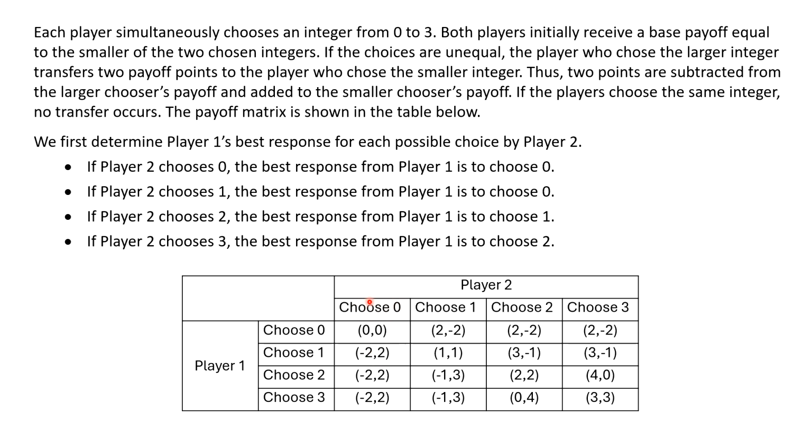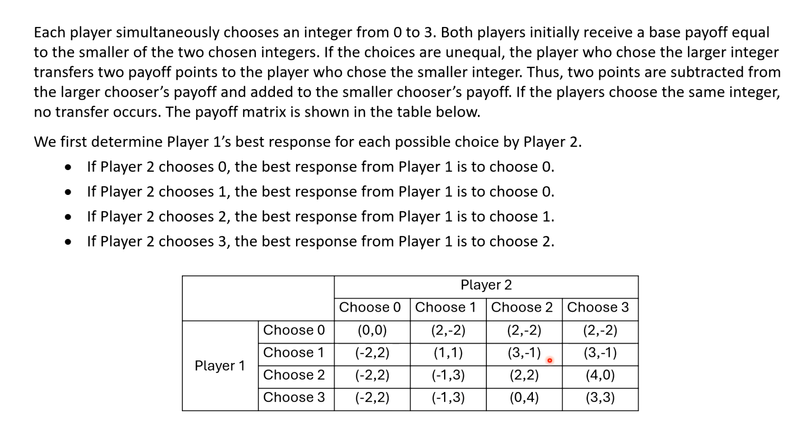Well, first of all, they both get the smaller of the two. So they would both get 0 as the base payoff, smaller of the two. And then since player 1 in all three of these cases chose a larger number, it needs to give 2 points to player 2. That's why you have a -2 here. And then, of course, player 2 has a +2.